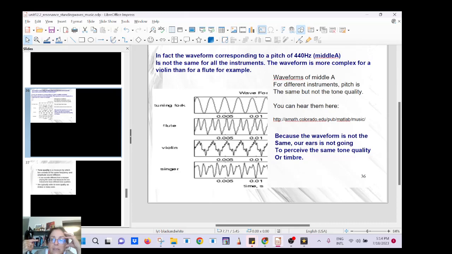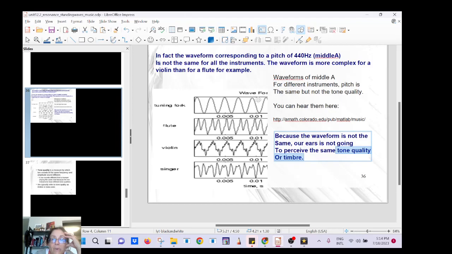So our ear is able to tell the instrument apart because of the tone quality, the timbre, even though the pitch is the same here. It's a middle A, 440 hertz.